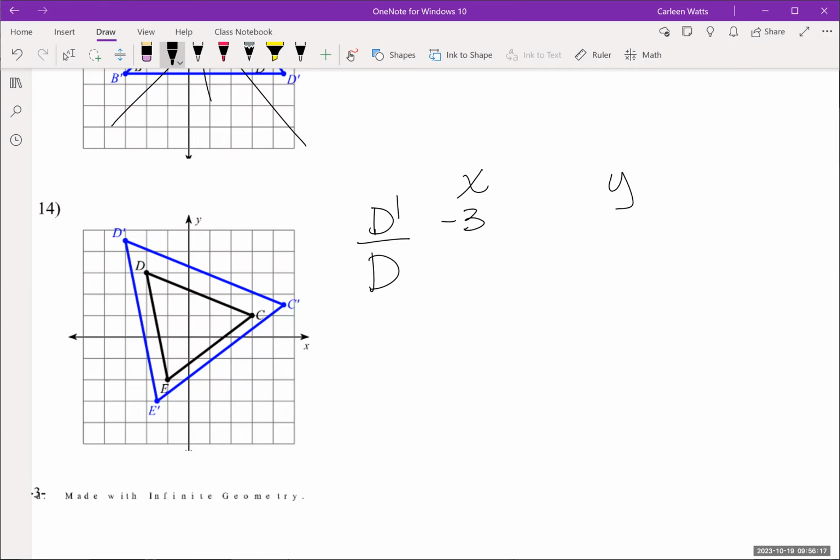The X for D is 2. For the Y's, it looks like it's 4.5 and 3. Sorry, -3, -2. Those negatives are going to cancel.